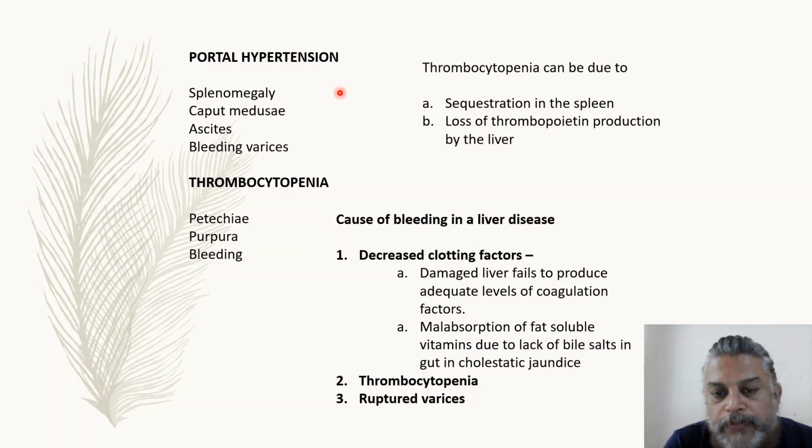Similarly, the cause of bleeding in liver disease may be because of thrombocytopenia, ruptured varices or decreased clotting factors, because the liver hepatocyte damage will decrease the formation of coagulation factors, and the malabsorption of fat soluble vitamin will lead to decreased function of vitamin K dependent coagulation factors.